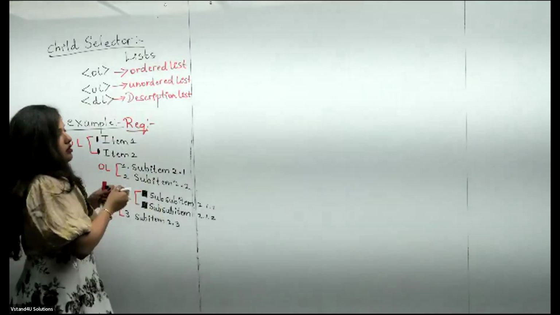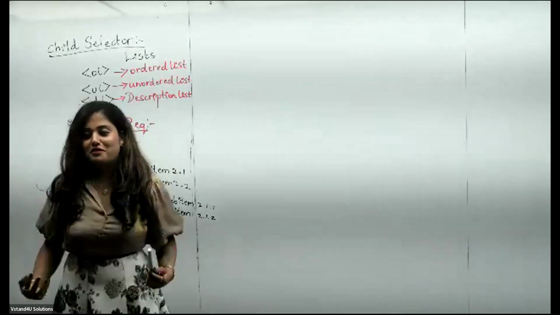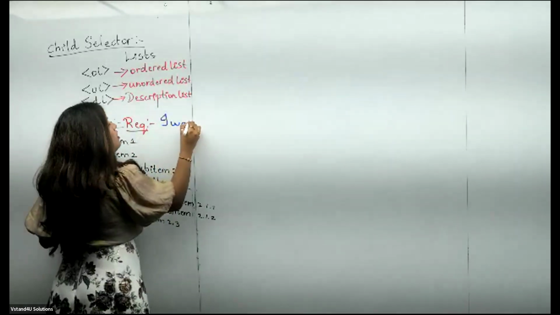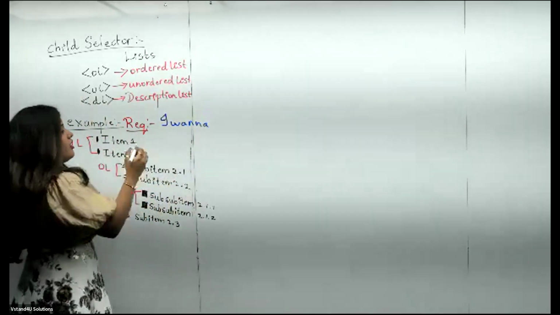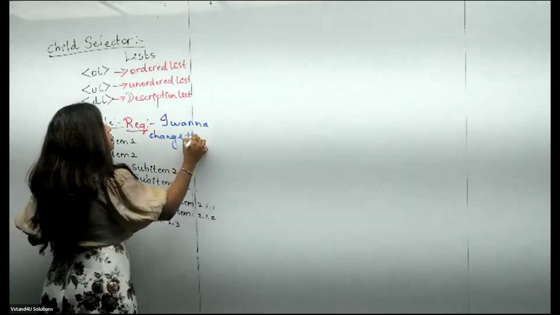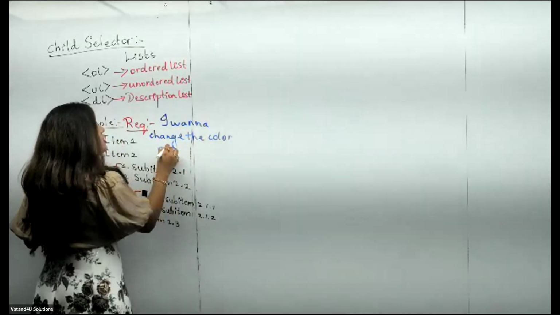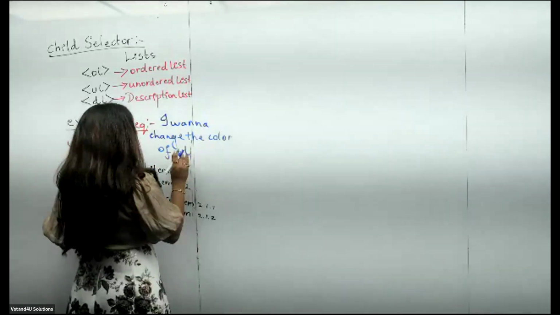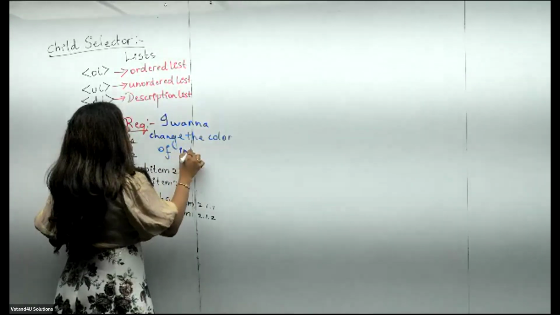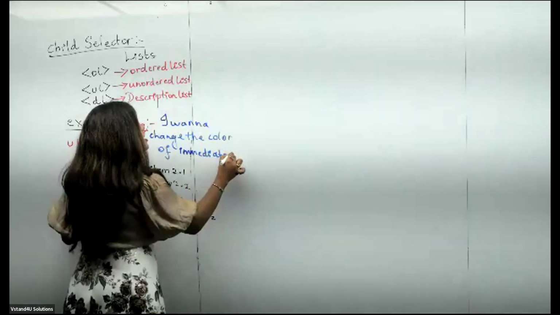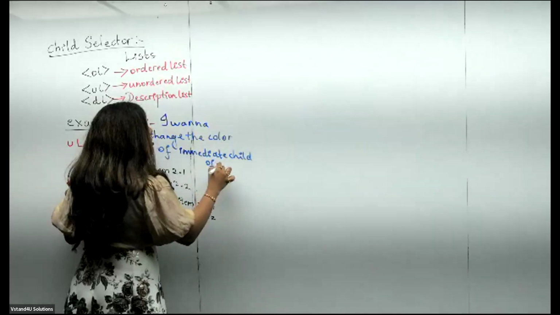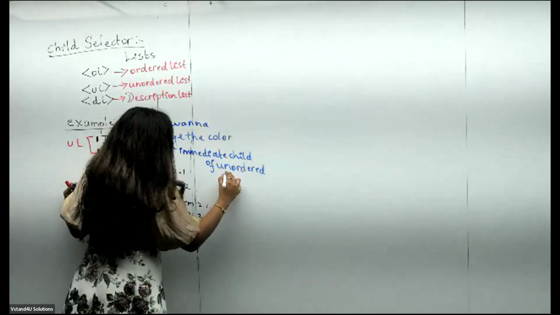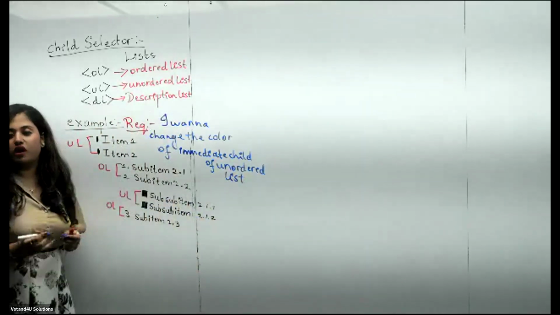My requirement is, I want to change the color of unordered list, but not the unordered list, but I want to change the color of the immediate child of unordered list. You understood my requirement?